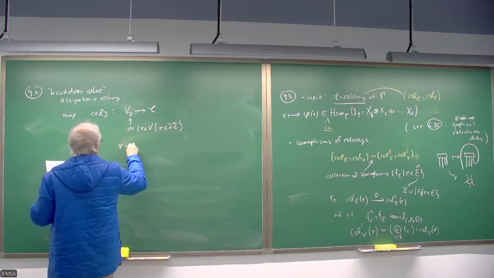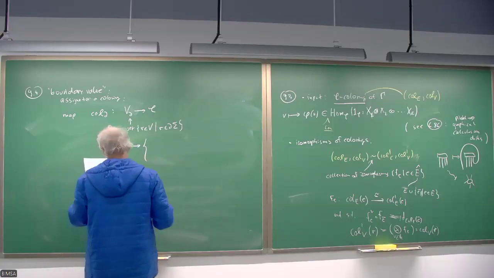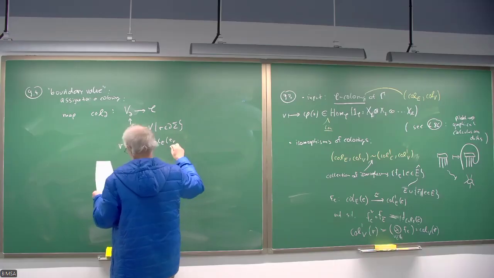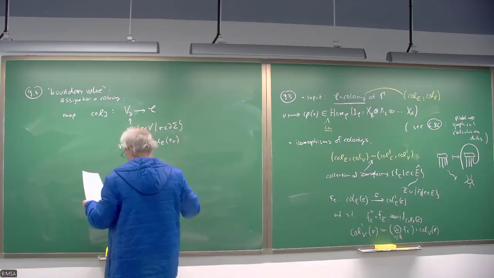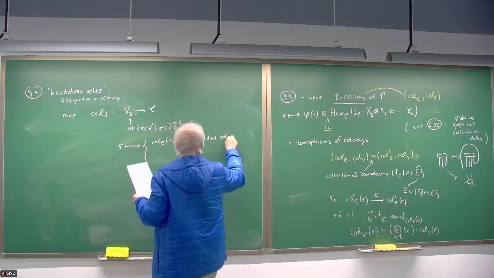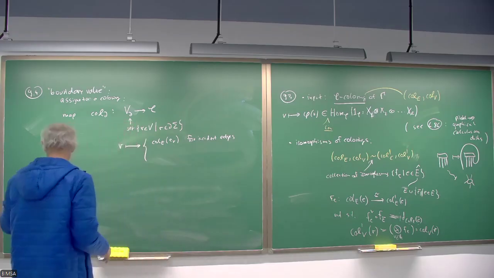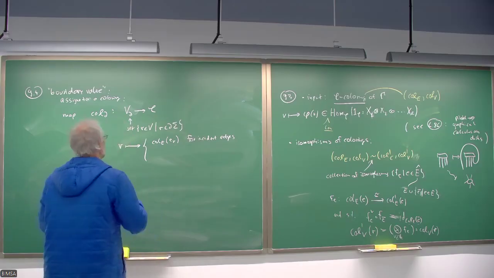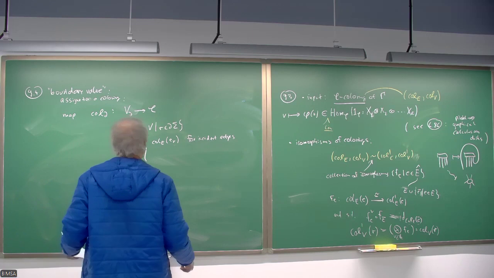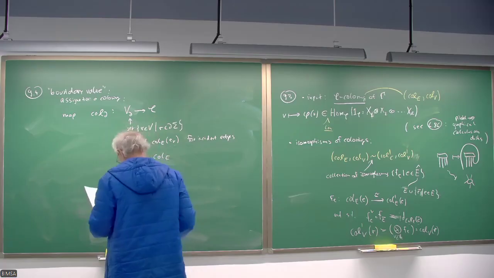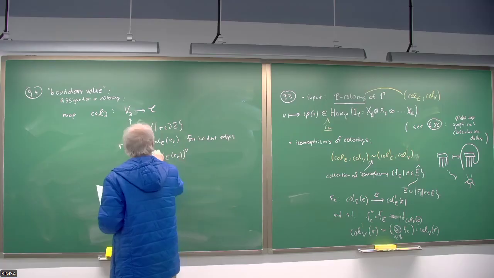Well, again, accounting for orientations, it says that for the edge E at V, which I denote by this, if it is incident, I give it the color of the vertex, the color of the edge, and otherwise I take the dual.